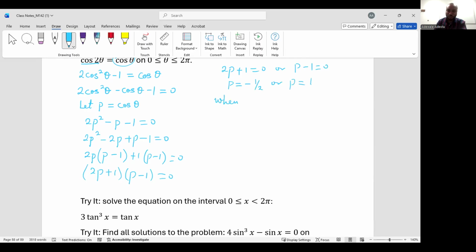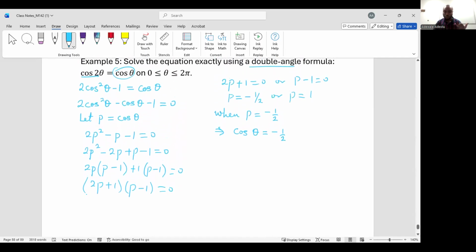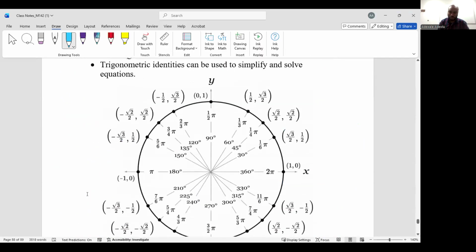So we take this situation one by one. When P equals negative 1 over 2, that implies when cosine of theta equals negative 1 over 2. So we are asking, when is the cosine of some angle equal to minus 1 over 2? That is, what is that angle such that when we take the cosine of that angle, it is negative 1 over 2. And we'll return again to this.